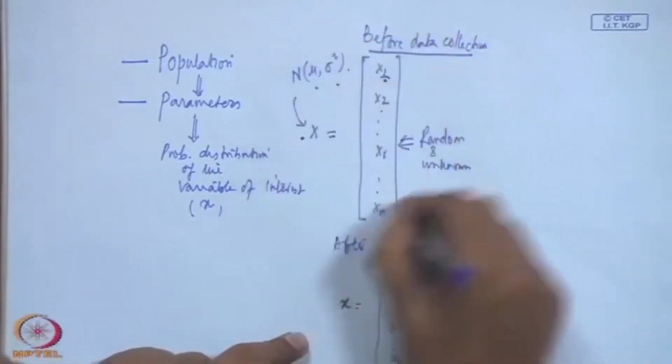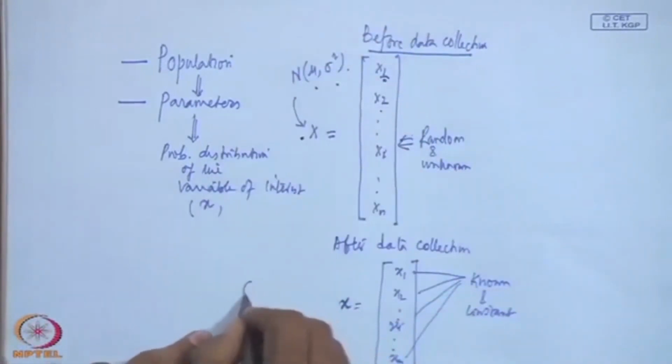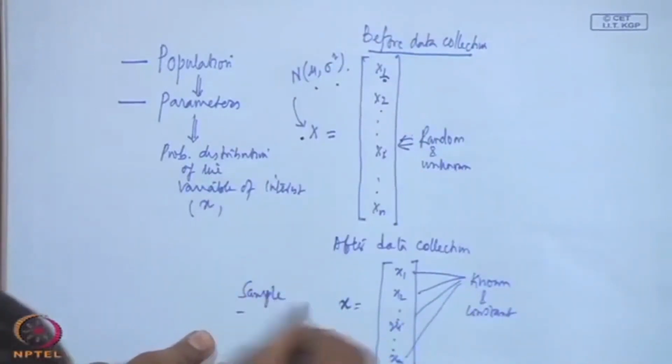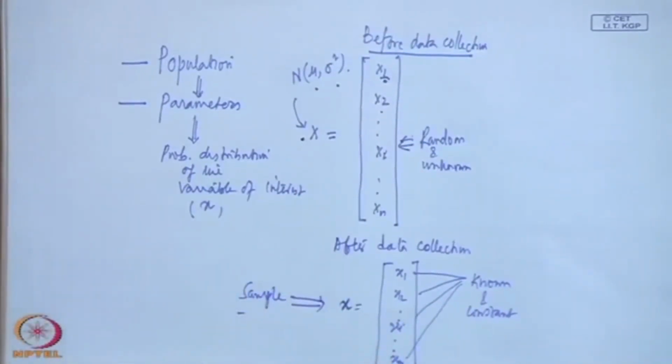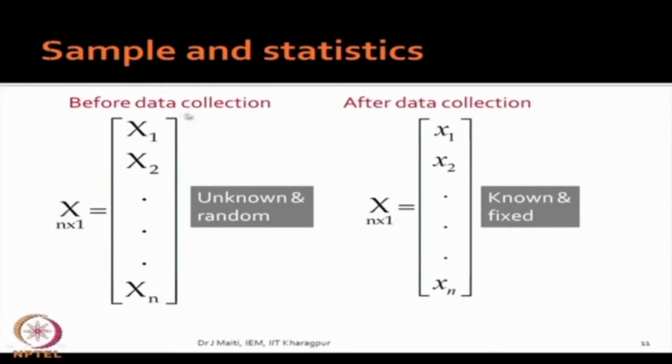This is in the population domain, this is now a sample of size n. You see this slide here, before data collection you have planned to collect n data points and these are unknown and random, and when you collect data, after collection they are already known fixed values. That is a big difference.